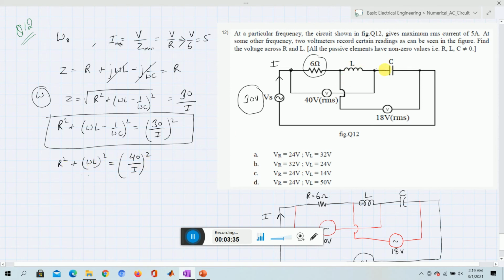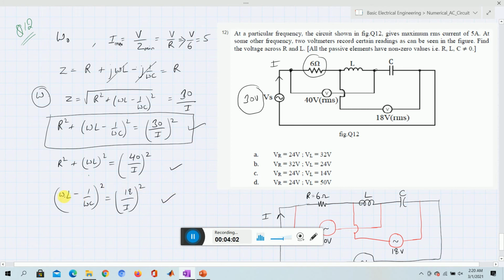Similarly we are getting across L and C. So L and C is like the j term, omega L minus 1 by omega C, and the square of it will be the same, so we can have 18 by I this square. So now we get these three equations 1, 2 and 3.